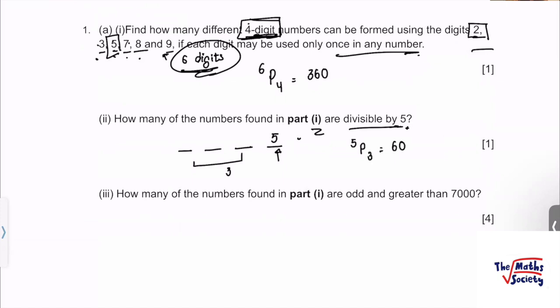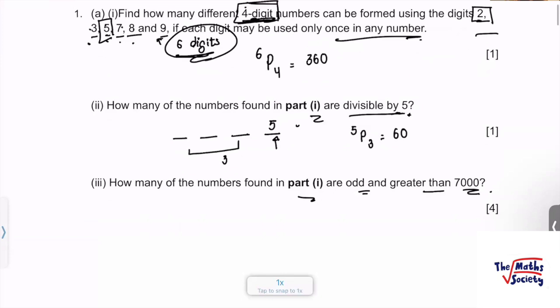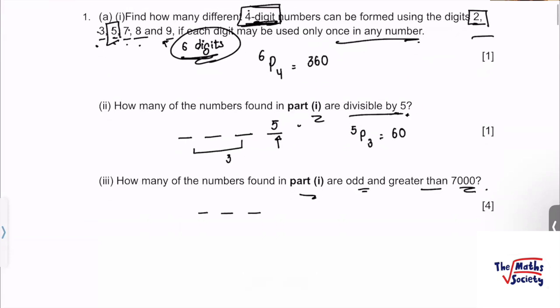Which is going to equal 60. And the same way as in part 1, for odd numbers greater than 7,000, we need to make sure that it's going to be an odd number. 1, 2, 3, 4. So an odd number has to be greater than 7,000. So we can start with 7, and then at the end it'll have 3, 5, and then 9. And you can also start with 9. Oh, sorry, 8, because it has to be greater than 7,000.